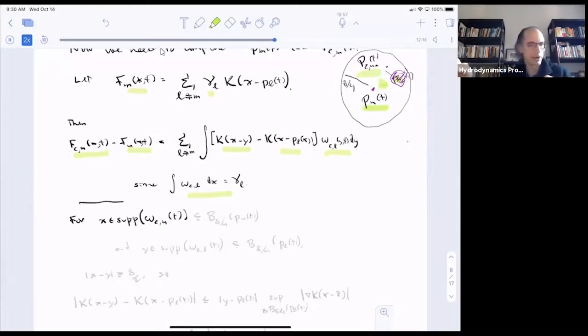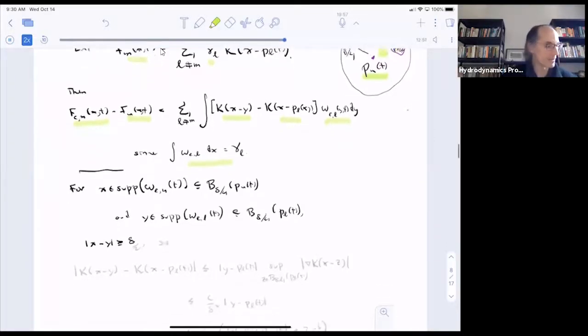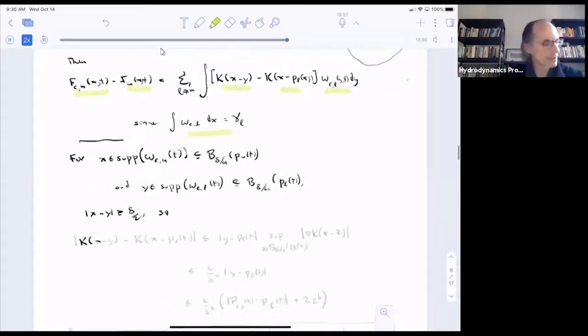What I want to argue is that if the other blobs are close to where they should be, then the velocity field, capital F epsilon m, the background flow, is close to what it should be. Okay, so I consider x in one blob, a y in a different blob, and I know these are far away from each other again. And so I want to compare the integrand here. I'm looking at this difference.